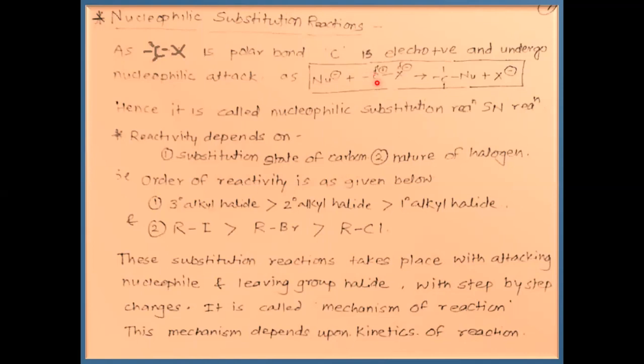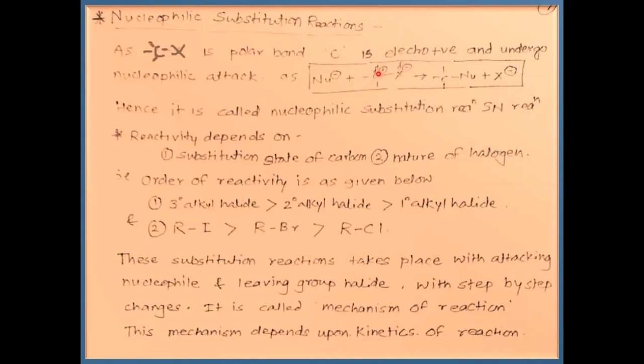It is not clear here, but try to understand. This is the C-X bond. X is halogen, more electronegative, and carbon is less electronegative. So the shared electron pair is pulled towards halogen and it acquires partial negative charge, delta minus, and carbon acquires partial positive charge, delta plus.